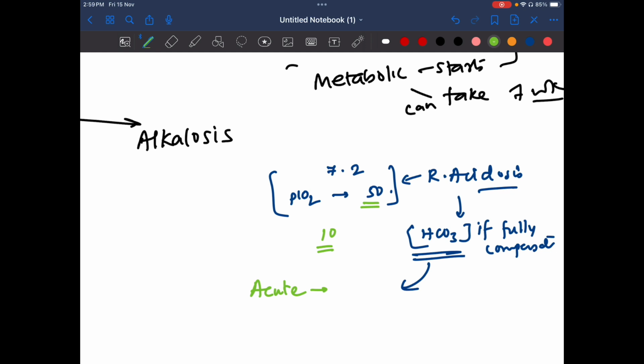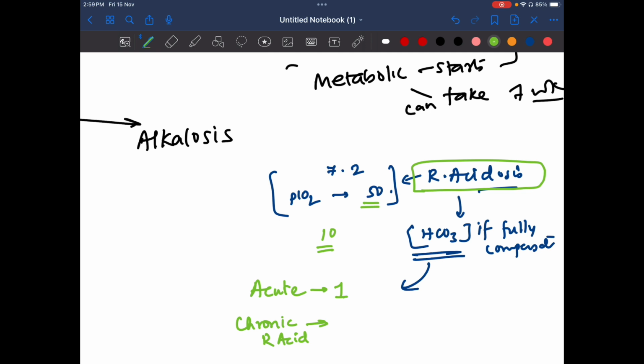The bicarb should increase by 1, because in case of respiratory acidosis, we want compensatory metabolic alkalosis, right? So bicarb has to increase in order to take the pH high. In acute, the increase will be only 1. But if it was chronic, then for every 10 change, the change would be 4.